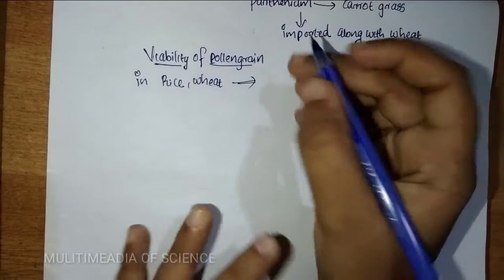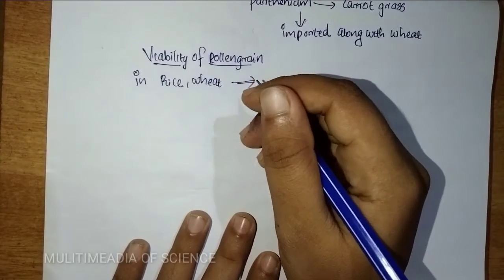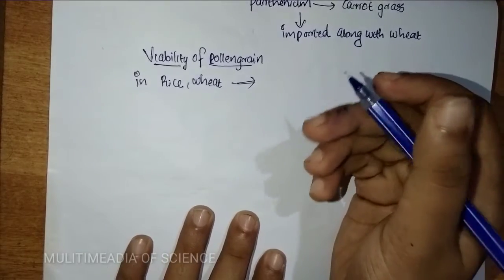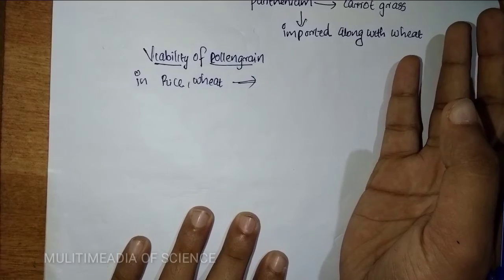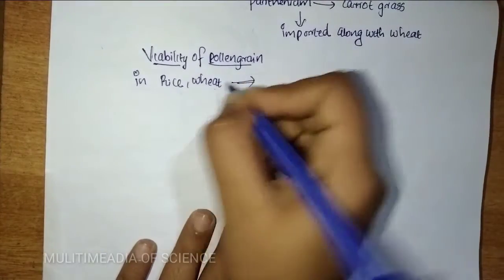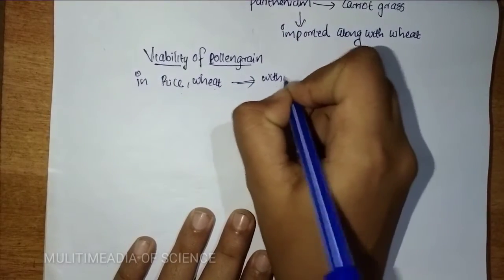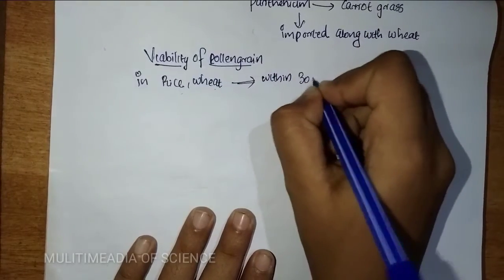But in some plants such as Rosaceae, Leguminosae, Solanaceae, etc., they have viability for months. Viability means the time.